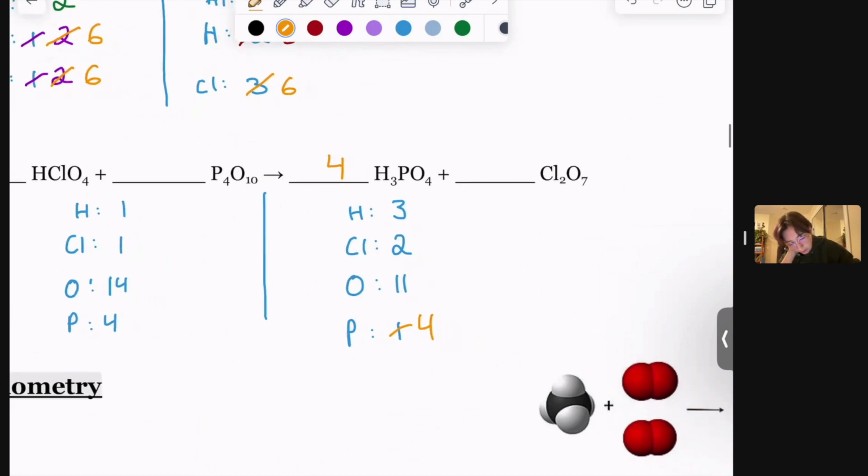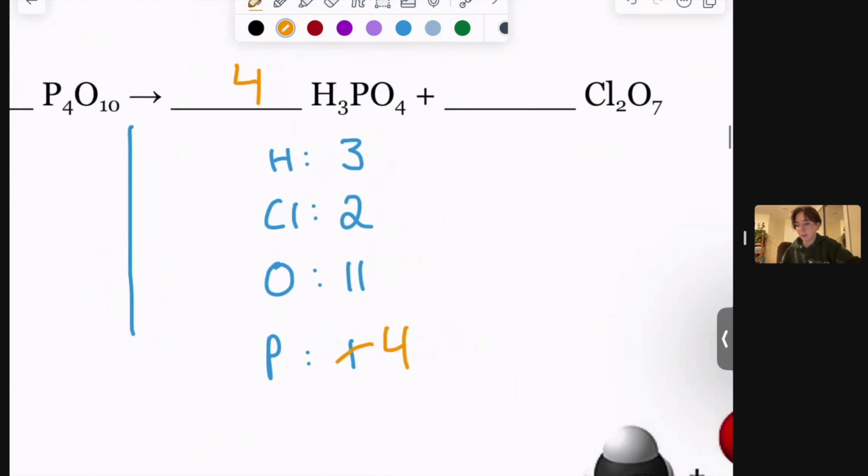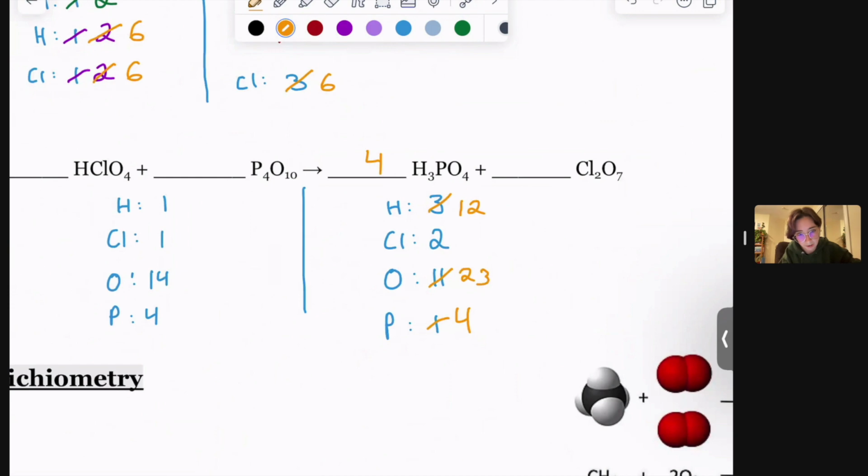It's also going to affect my oxygens. So now I have 4 times 4, 16 oxygens, plus 7 oxygens. I now have 23 oxygens on my right side total. And I also have 3 times 4, 12 hydrogens on my right side right now.